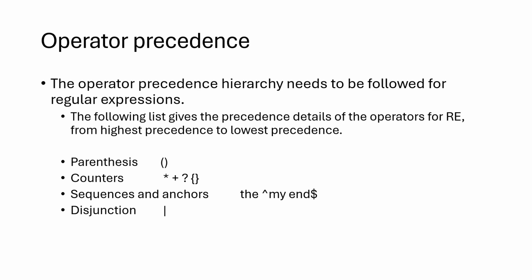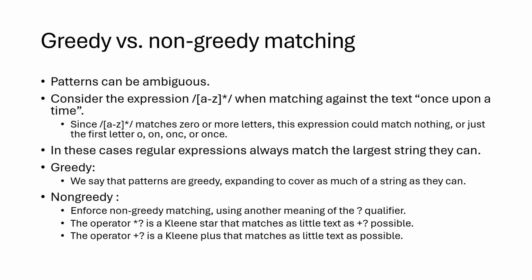Based on the precedence, if we use parentheses, that will be processed first. Sometimes the patterns may be ambiguous. Consider this example, a to z star. This will match the pattern against the text.